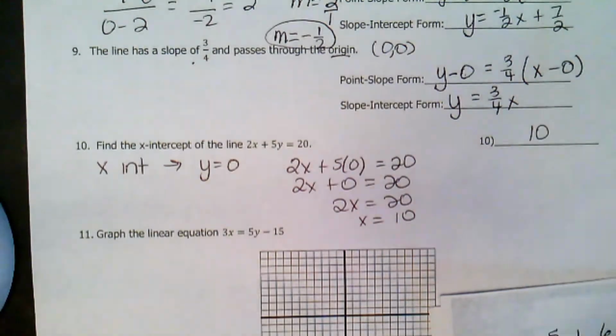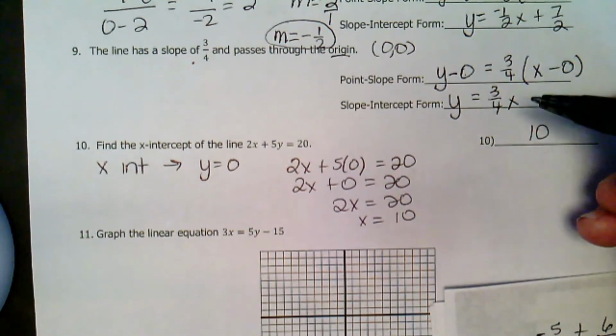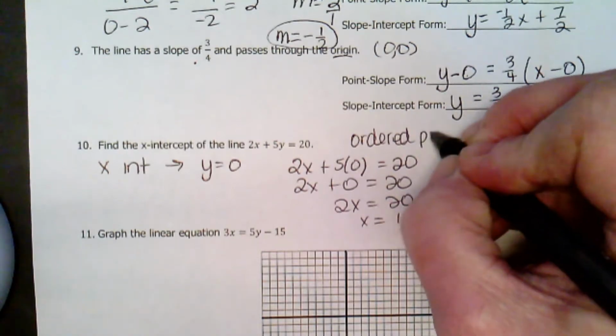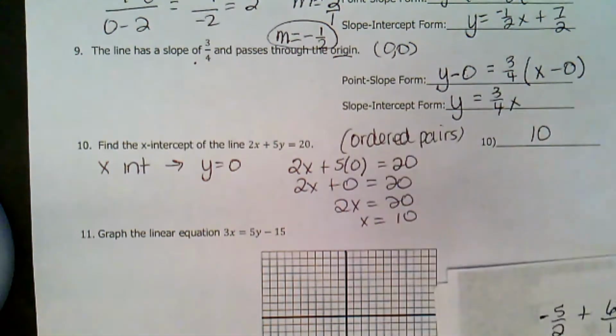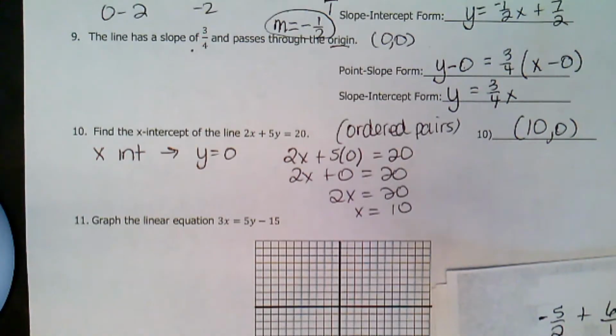So our answer is 10. Now, if we want to give it with ordered pairs, it doesn't say specifically ordered pairs, but just remember, ordered pairs means you have your x and your y. So it would look like that. Most of the time they ask for ordered pairs.